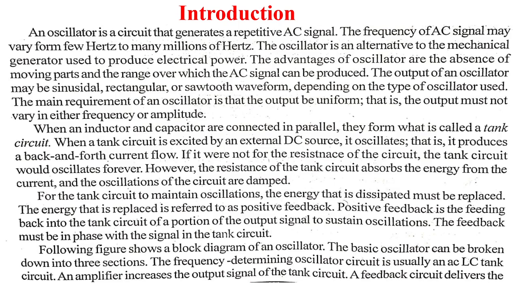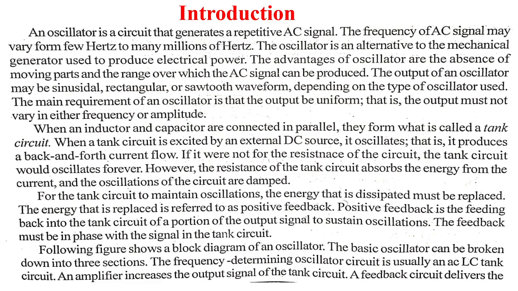An oscillator is a circuit that generates a repetitive AC signal. The frequency of the AC signal may vary from a few Hz to many millions of Hz. The oscillator is an alternative to the mechanical generator used to produce electrical power.